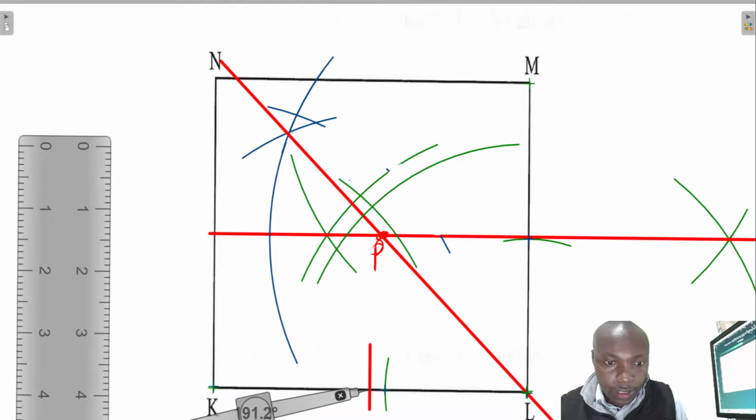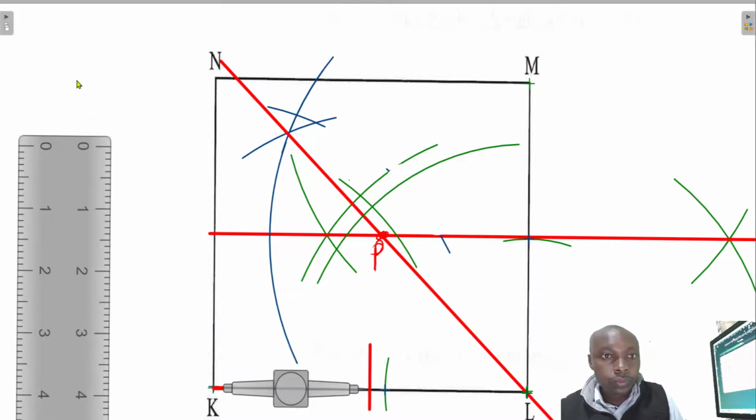Then the circle that I'm going to make here, we use a different color here, different thickness.